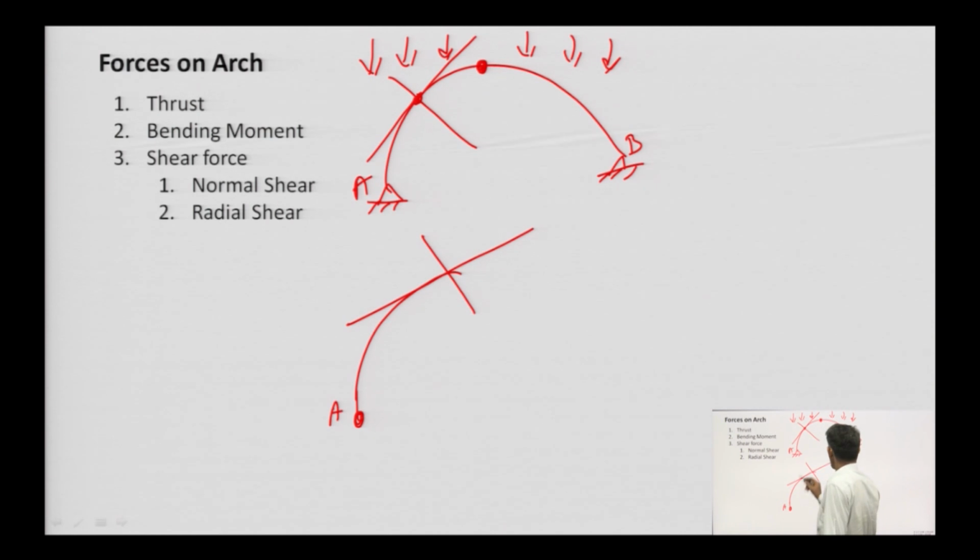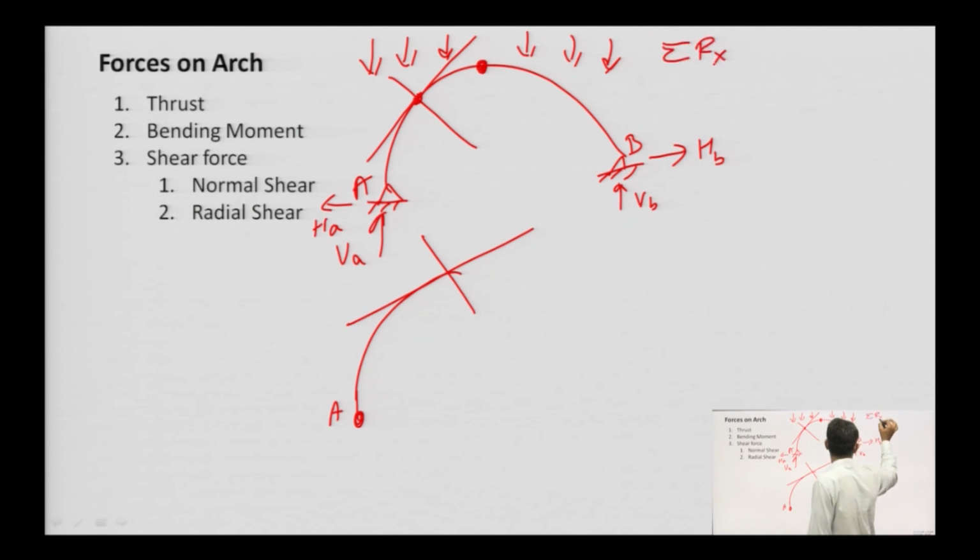At the supports, we know there are the vertical reaction and the thrust: V A, H A, V B, H B. If we consider the entire arch and apply sigma F x equal to 0, then we will have H A equal to H B equal to H. Why?